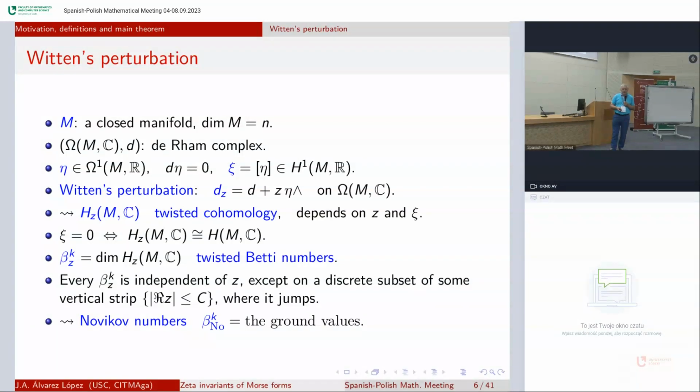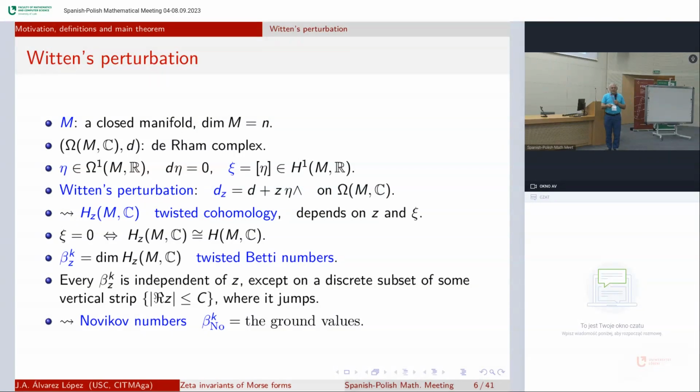If I want to indicate the degree, it is indicated in this way, with the sub-index the degree. And this twisted Laplacian is a positive definite, self-adjoint elliptic operator. It is not holomorphic because the twisted codifferential involves the conjugate of the parameter. But it is analytic on the real part of the parameter and the imaginary part of the parameter separately.